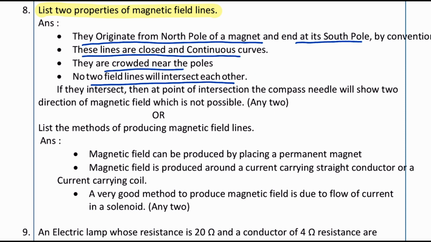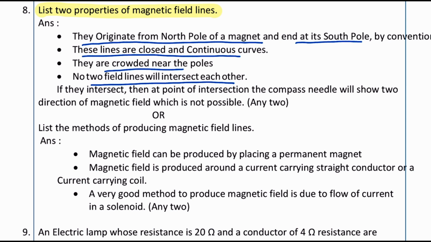Or you can also write it as they never cross one another. And another point, if you want, they flow from south pole to the north pole within the magnet and north pole to the south pole outside the magnet. You can write any 2 of these.